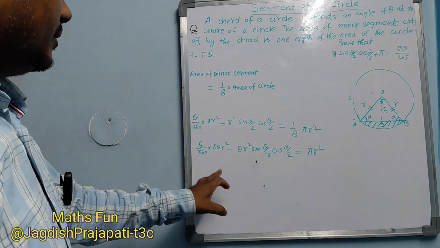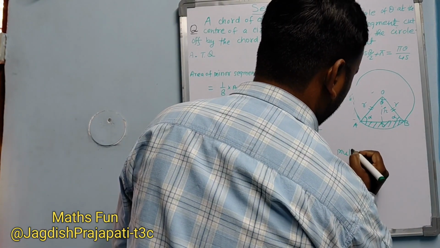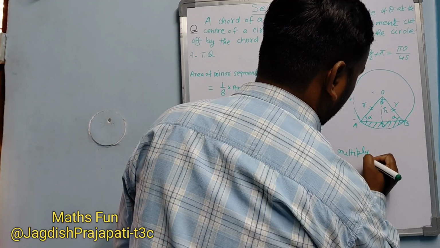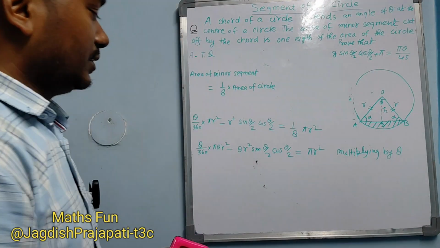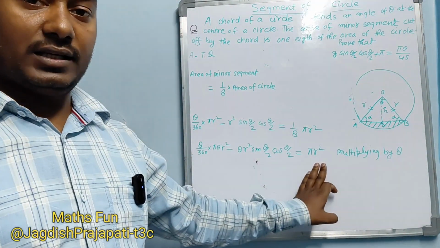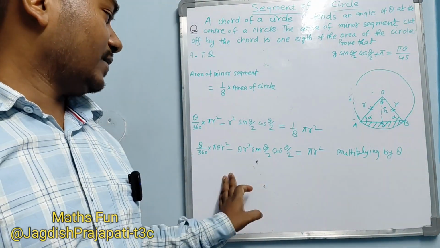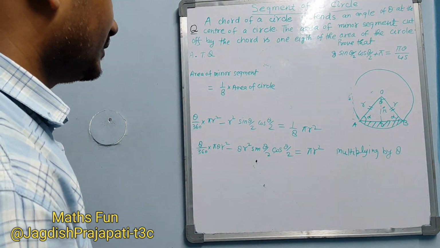So how did we get this? Multiplying by 8, we will multiply in both the sides, left hand side as well as right hand side, and in each and every term.